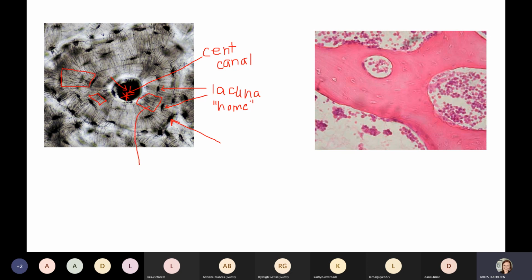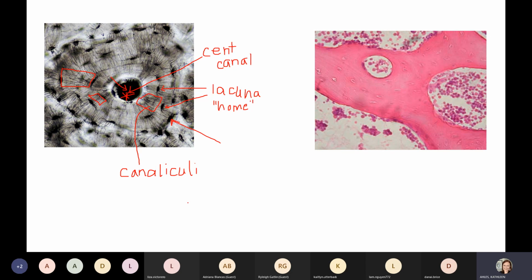All of those little lines are what we call canaliculi. Think of canaliculi as little central canals. If the blood with its nutrients and oxygen is only in the central canal, this is the way that we share nutrients from the middle of the bone tissue all the way to the outside of the bone tissue.